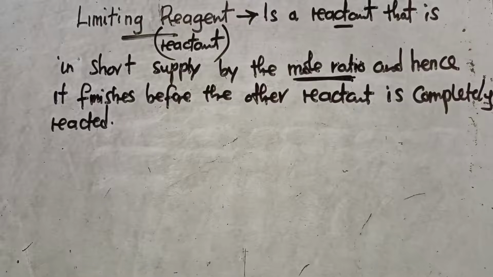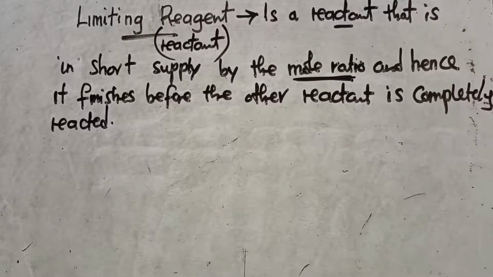Whenever you want to determine the limiting reagent, a limiting reagent determines the extent to which a chemical reaction can proceed and the amount of product that would be formed.